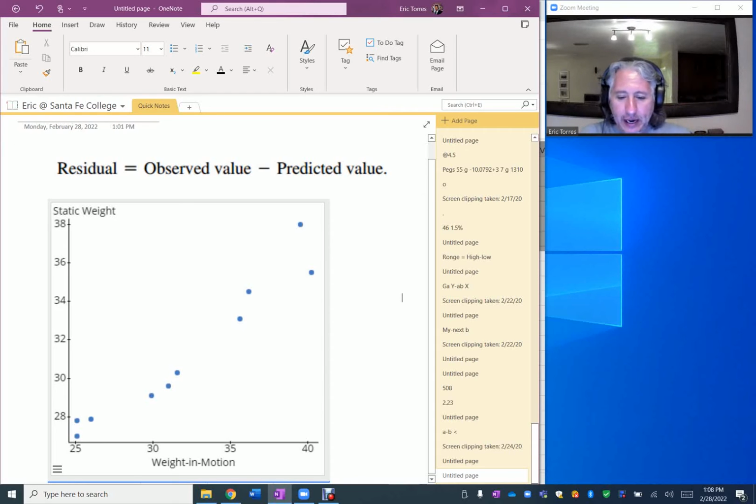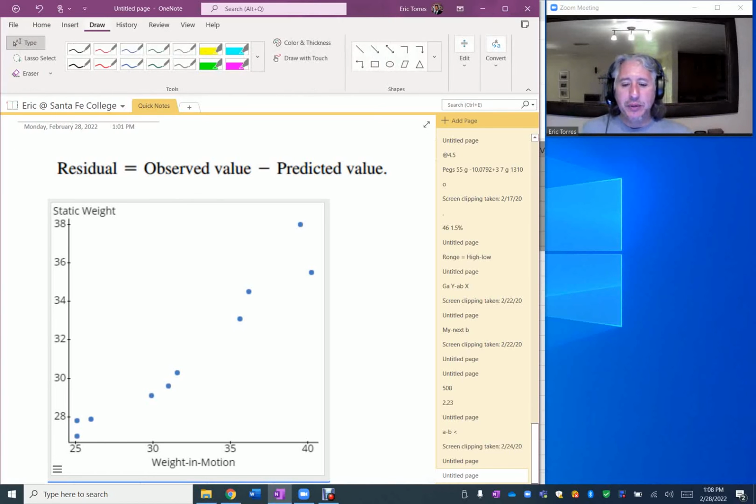So let's talk about how I would do this by hand without using computer technology. What I would do by hand if I was just given this data is draw a line that I felt went through the data as accurately as possible, and that's called a best fit line. I'm just going to start my line down here, go through my data, and I can move this around a little bit.